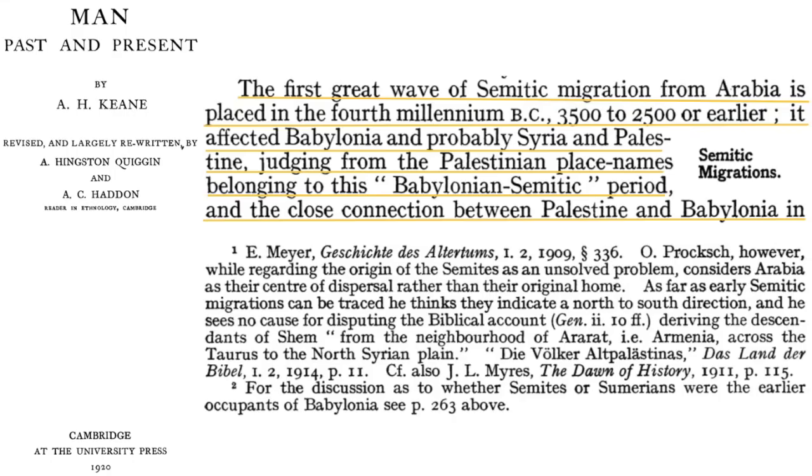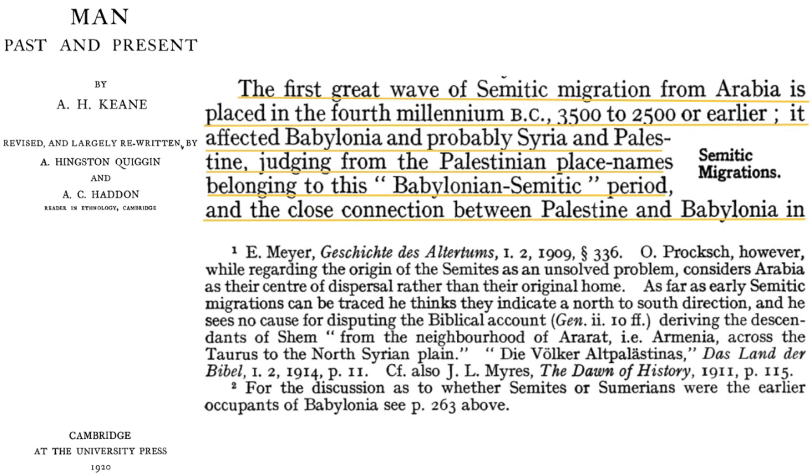Here's another book detailing this, Man, Past, and Present by A.H. Kane. And it reads, "The first great wave of Semitic migration from Arabia is placed in the 4th millennium BC, 3500 to 2500 or earlier.